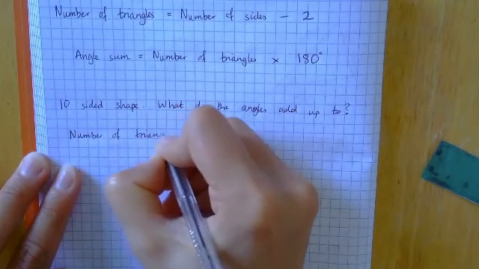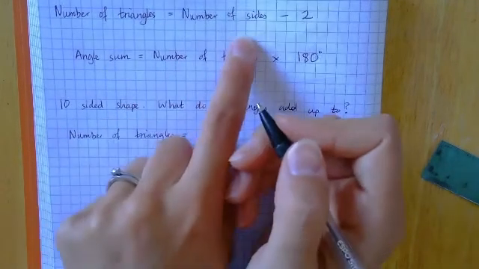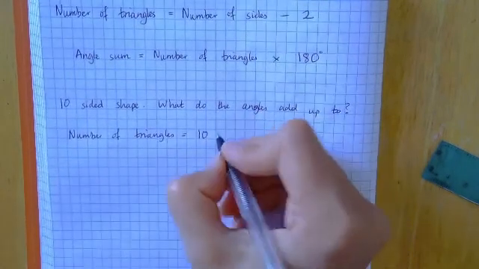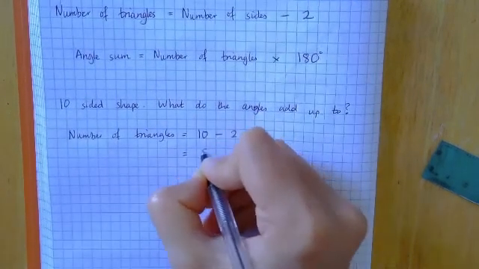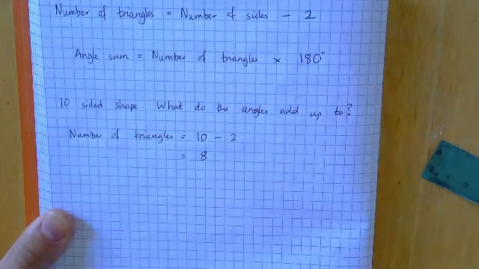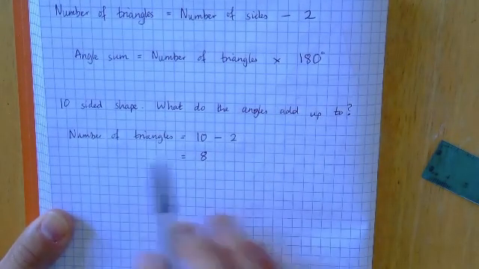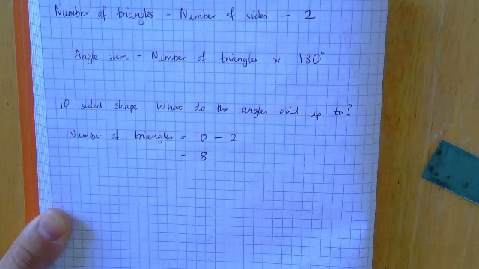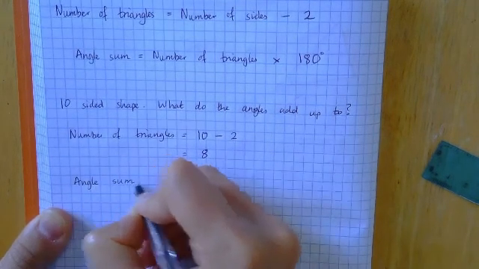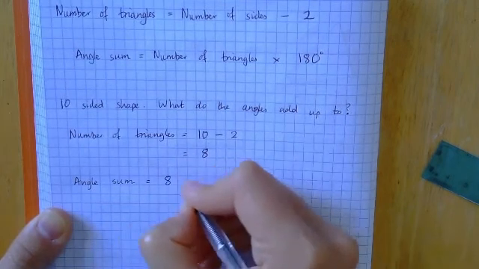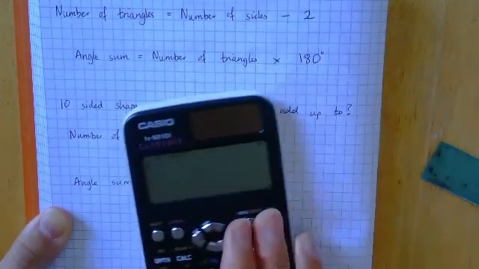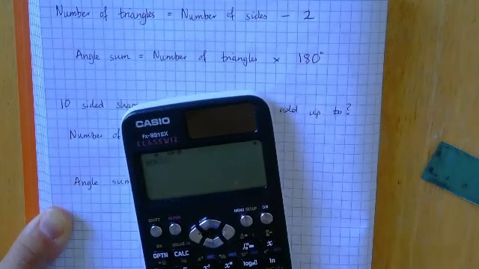So, the number of triangles equals, now it's the number of sides take away 2, and I've got a 10-sided shape, so I'm going to do 10 take away 2, which is 8. Okay, so I could fit 8 triangles in this 10-sided shape, and then the total, what the angles add up to, I'll just call it the angle sum, is the number of triangles times 180.